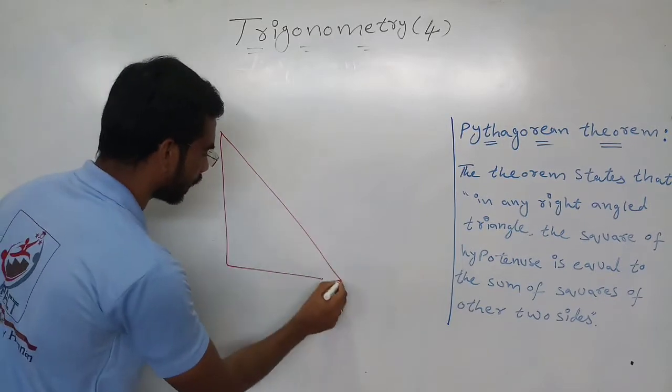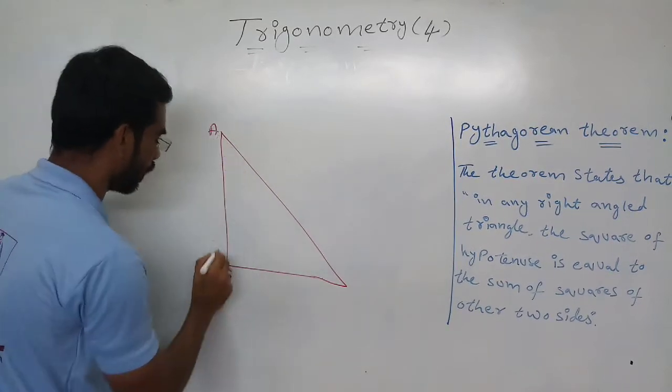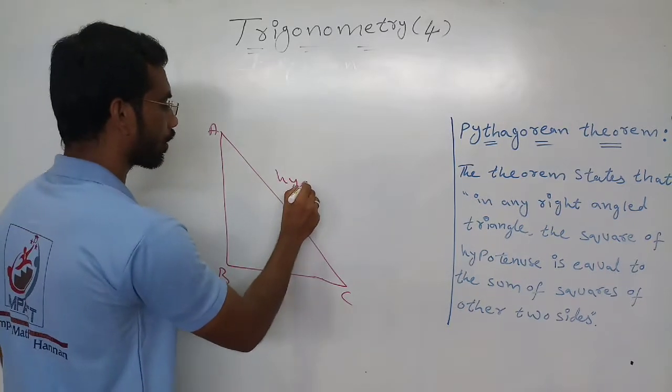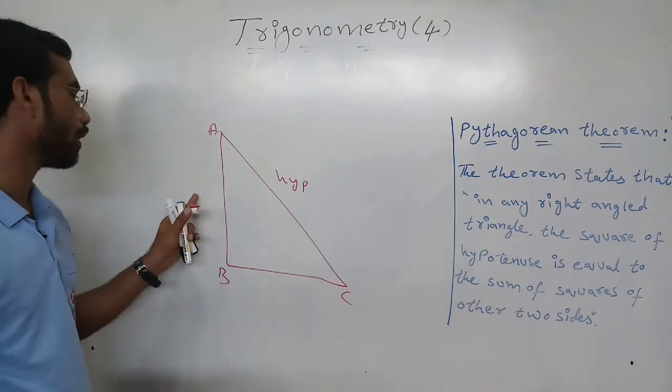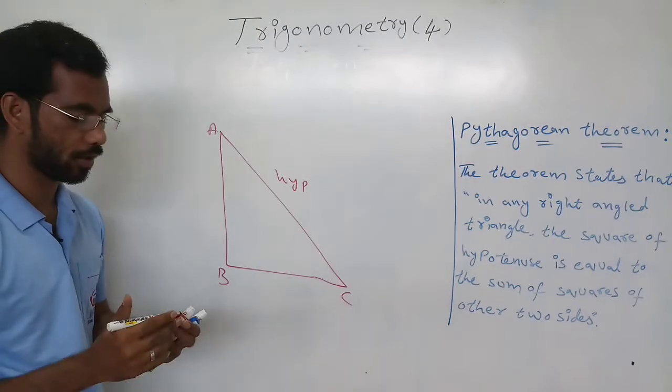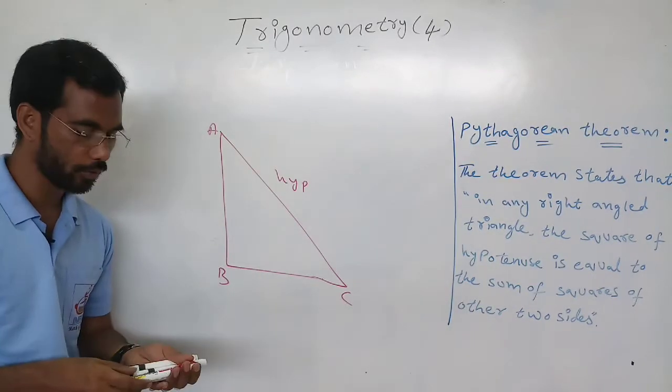Now we will take one right angle triangle and name it A, B, C. This is the hypotenuse. Either it may be adjacent or opposite, no problem, it is not a problem for you.